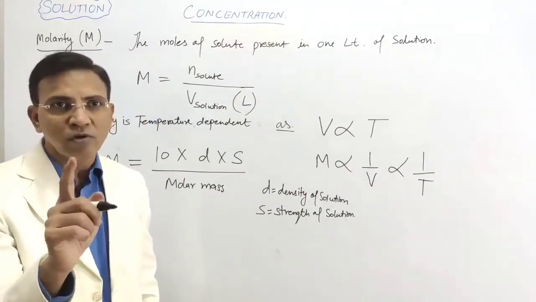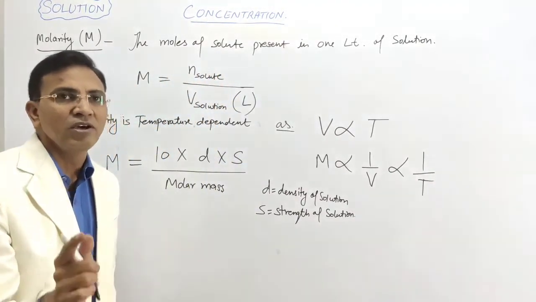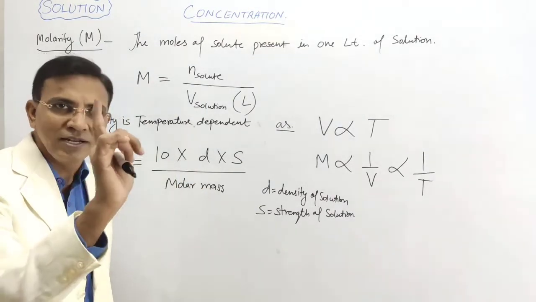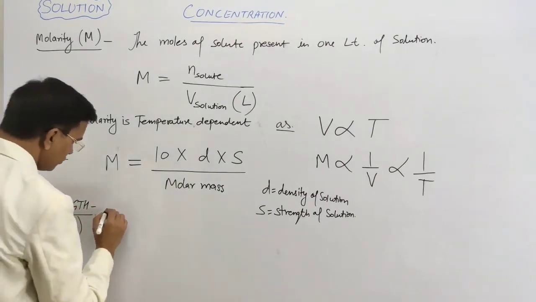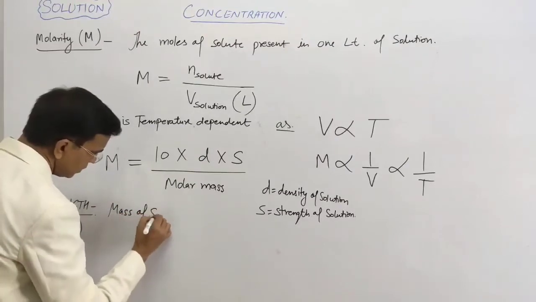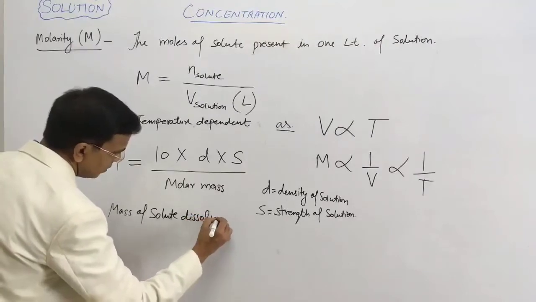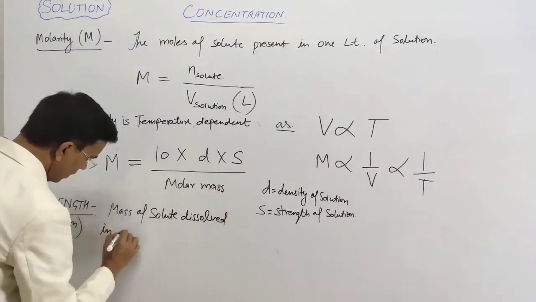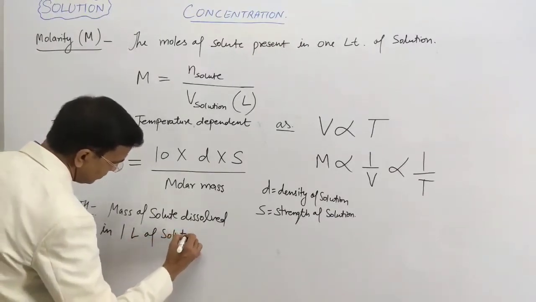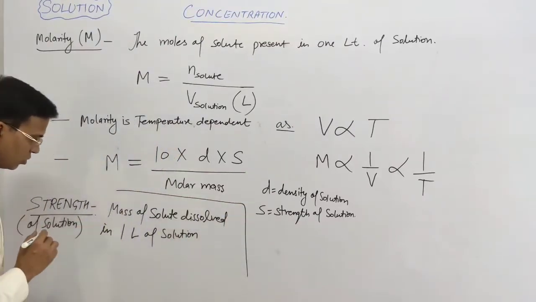It is not the number of moles, which is used in molarity; in strength it is the mass of solute dissolved in 1 liter of solution. So it is the strength of the solution.